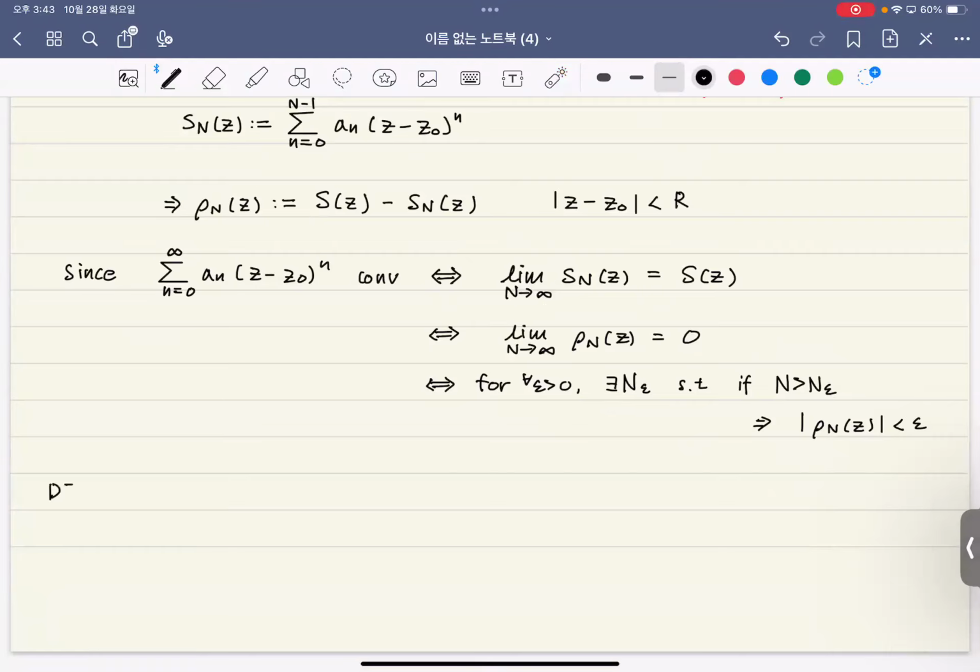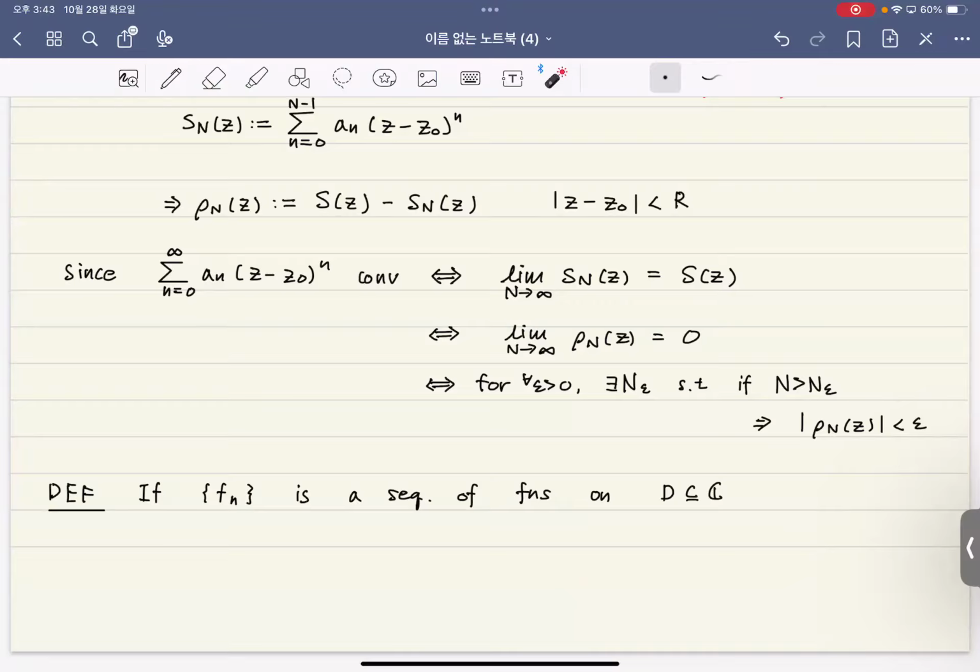The definition is this. If f_n is a sequence of functions on the domain D, this means every term in this sequence has the same domain. You should consider this subset as a common domain of each of these terms in the sequence.